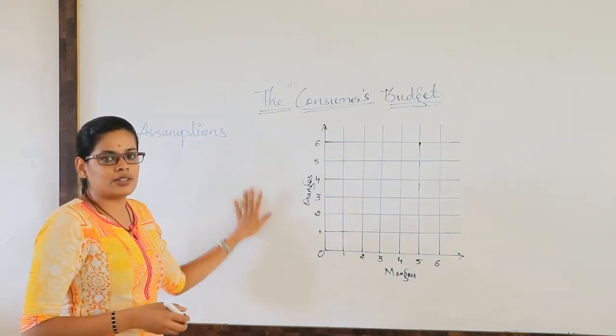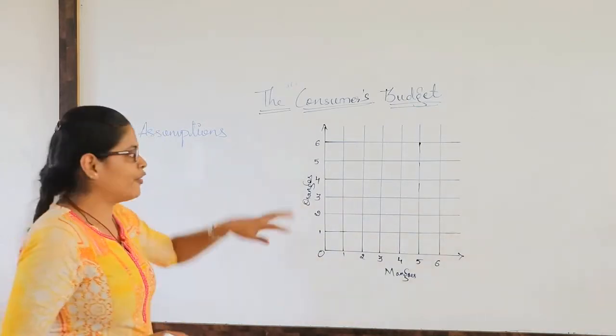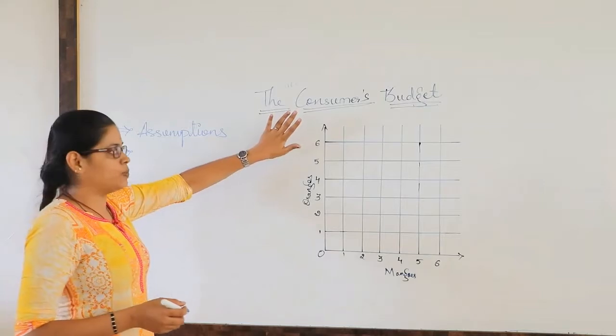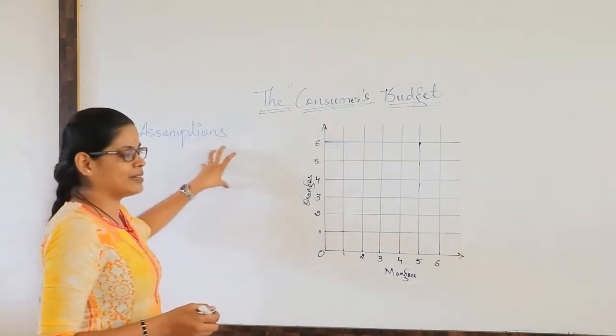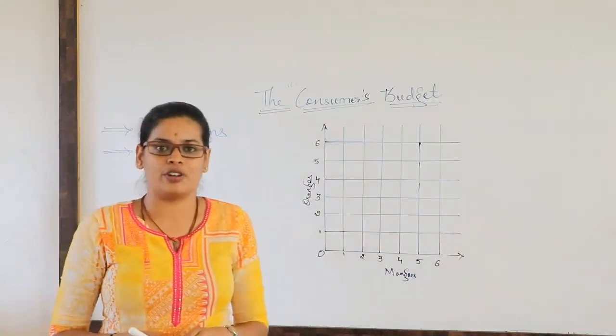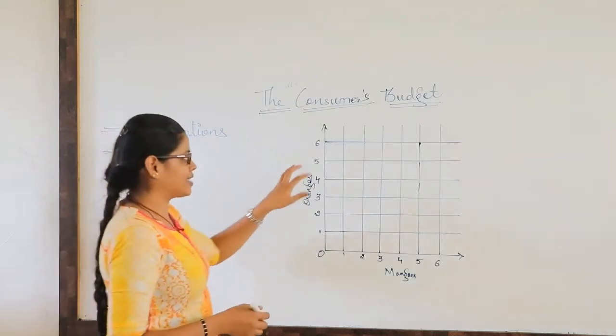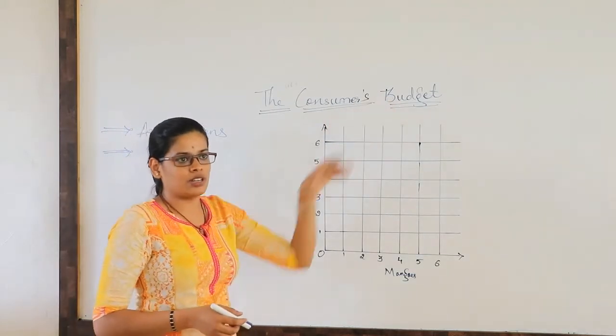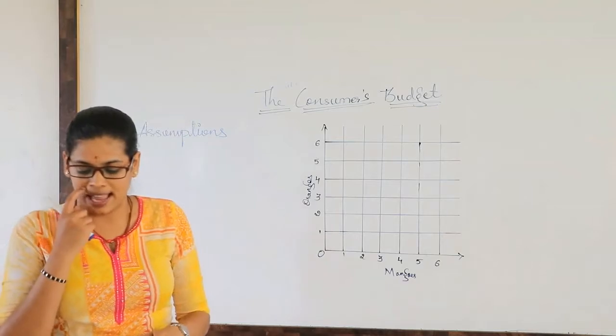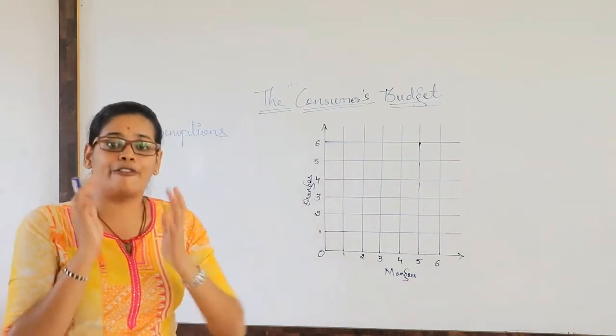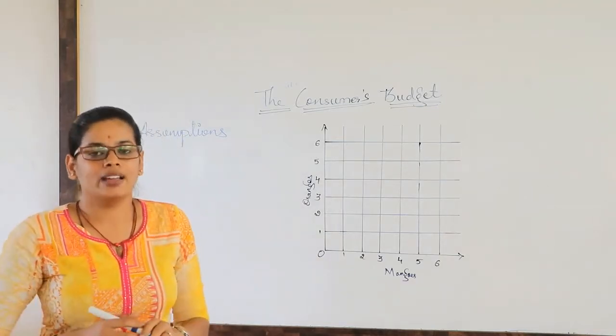Today's topic is the consumer's budget. Before we understand what this consumer's budget is, let's understand the assumptions which are made by the economists for our better understanding of the consumer budget. The first assumption is that consumers have a fixed income to buy goods.